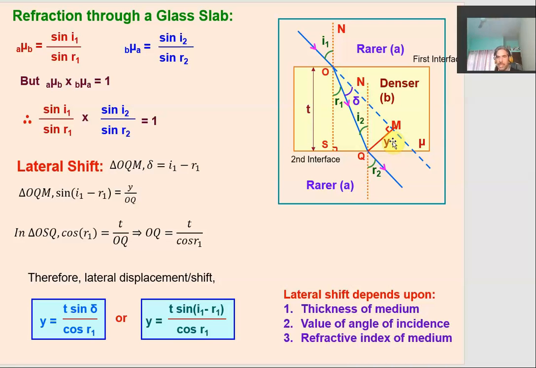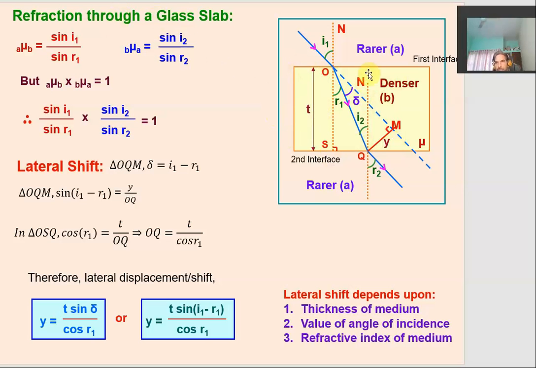So our task here is to find the value of this lateral displacement or shift whenever a light ray passes through a glass medium and emerges again into the air medium. This result will hold for all kinds of media.